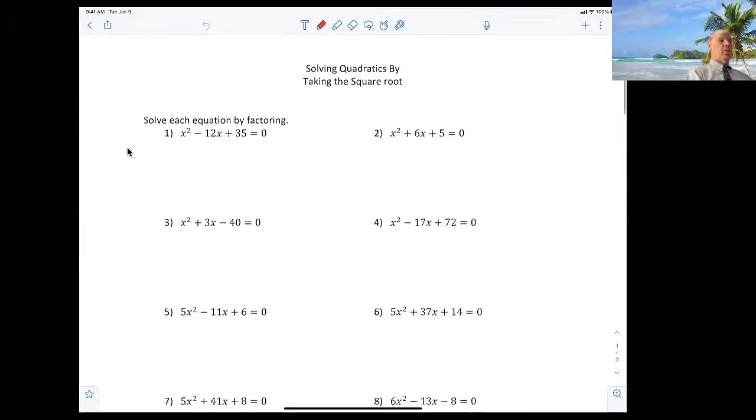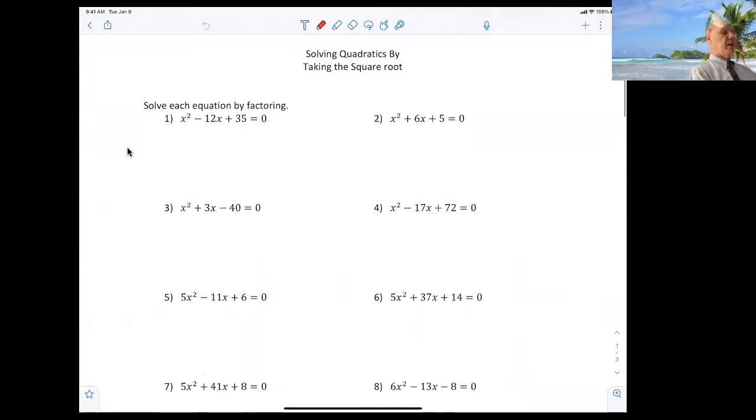Okay, now, one of the most important things you do in math is factoring. So we're just going to review solving a quadratic by factoring. All right, so we're going to do the odds. I can show you today is super easy also, especially if you know how to factor.